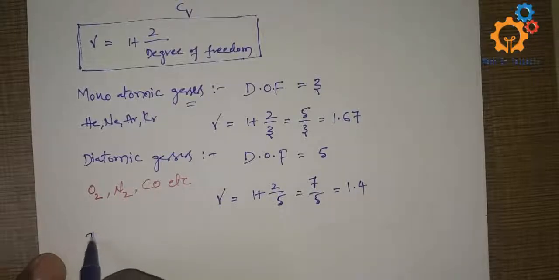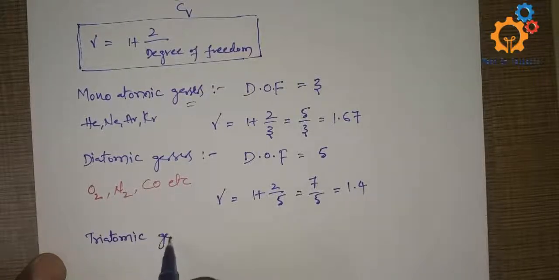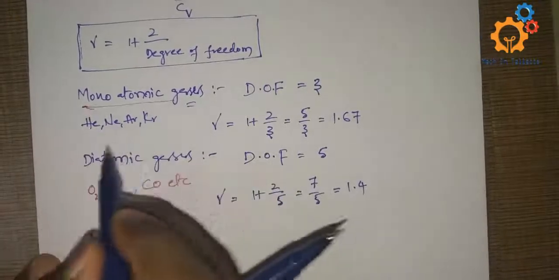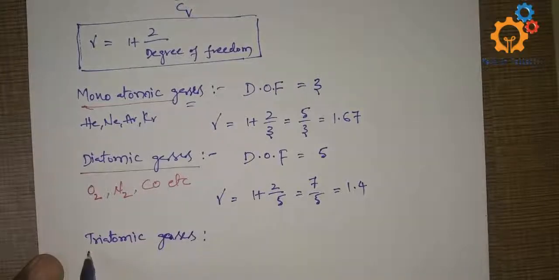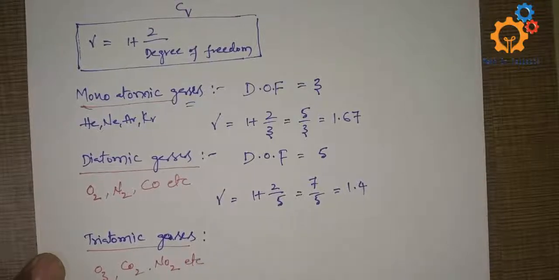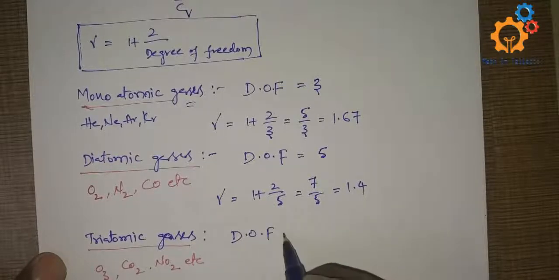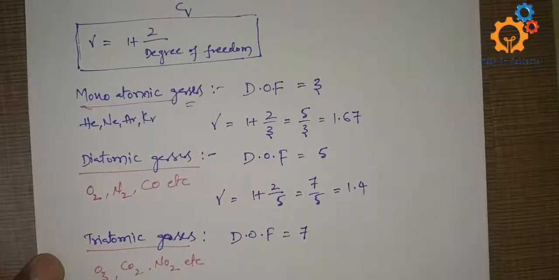For triatomic gases, what are triatomic gases? O3, CO2, NO2, etc. The degree of freedom for triatomic gases is equal to 7.